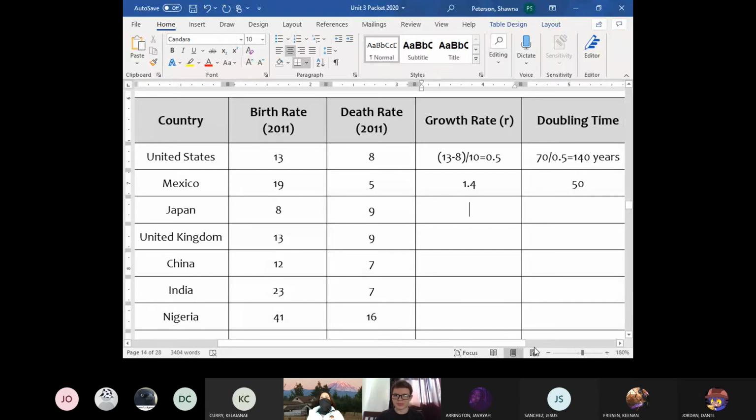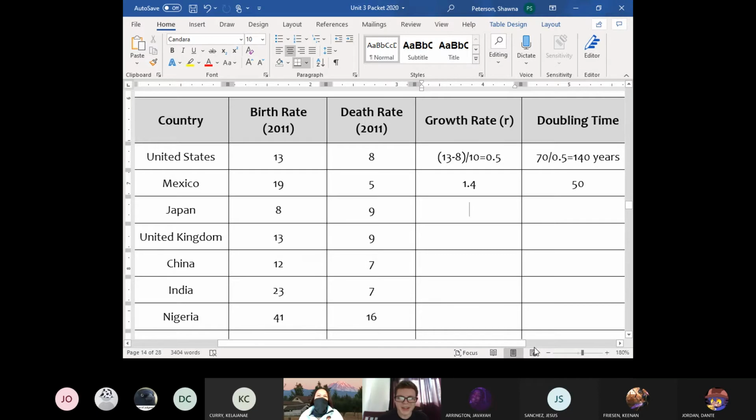All right. Leland, Japan. I got 70.1. Oh, I need the growth rate.